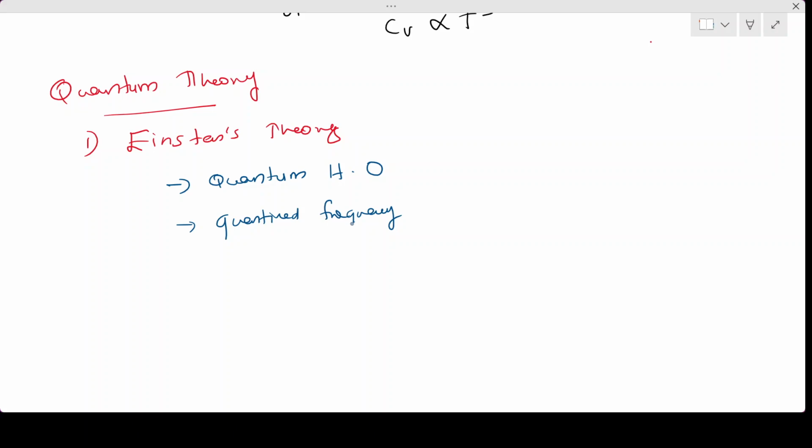That was his assumption: all the atoms have the same frequency, which means all the atoms vibrating at a particular energy will have the same energy.